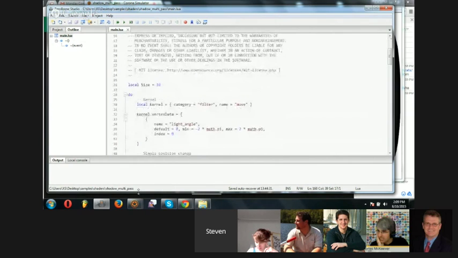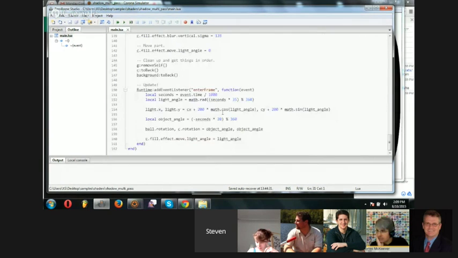Let me ask you, I see there's some cosine stuff going on there and some sine stuff going on there, like math.cos and math.sin. Do you feel like this is something that you can reference in a book? Like if I wanted to do this kind of stuff, could I reference it in a book and just copy and paste the concepts, or would I have to understand the math, or what's the best way to do that?